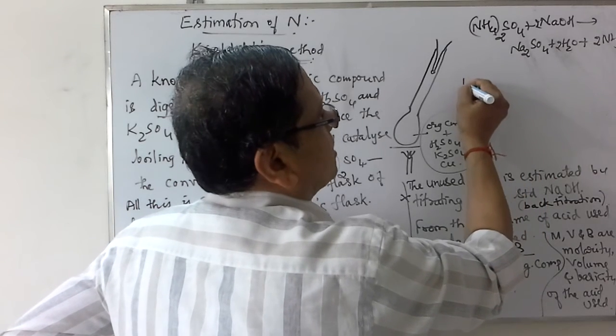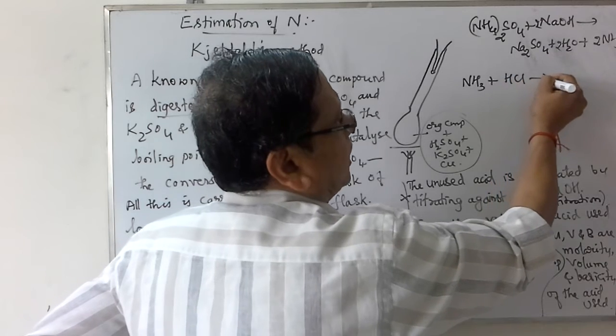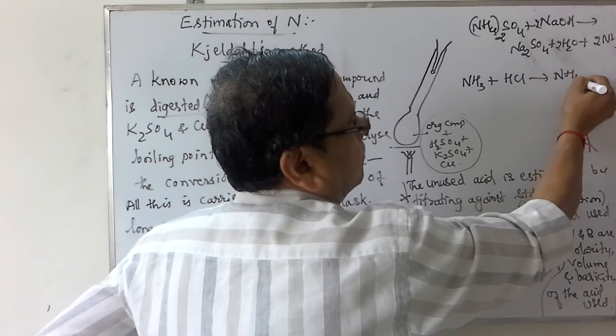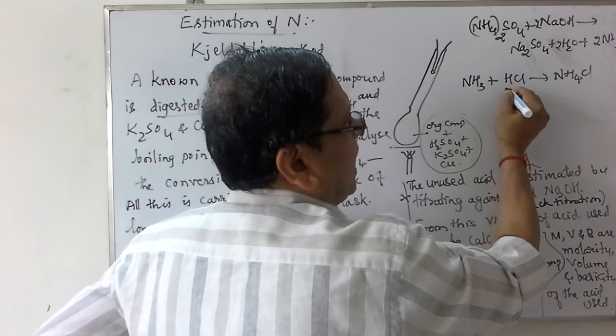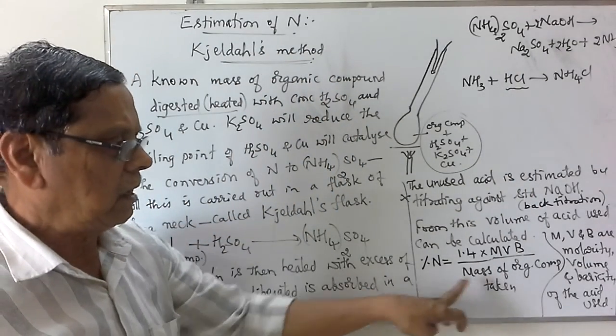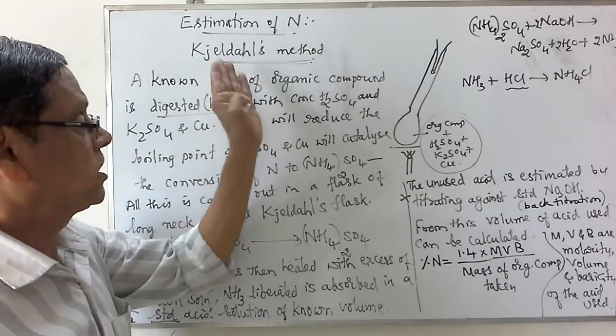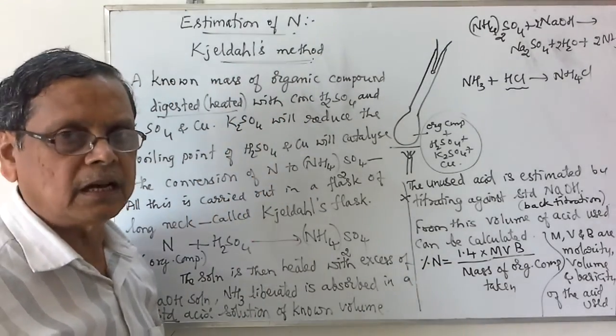Then this ammonia is absorbed in HCl. It will give rise to ammonium chloride. From the acid volume used by the ammonia, we can calculate the percentage of nitrogen. So this is about the estimation of nitrogen by Kjeldahl's method.